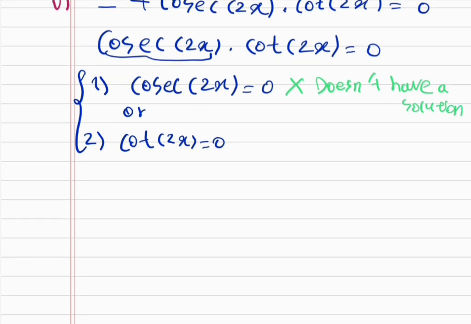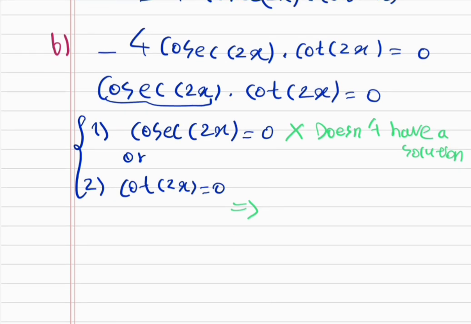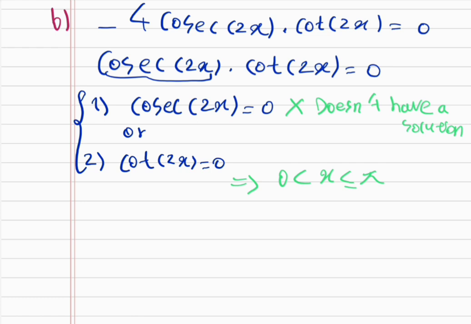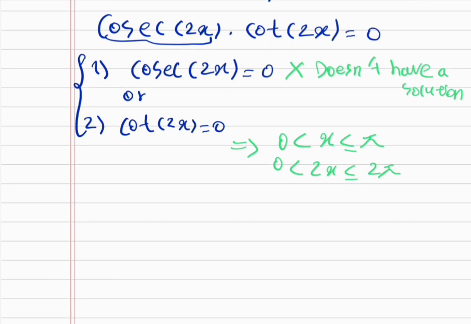But for the second equation, it gets interesting, because this actually has solutions. Cot 2x is equal to 0, and if you solve that, remember that the values of x are between 0 and pi. So since it's 2x, we multiply each of these by 2, and we get 2x is less than or equal to 2 pi, and then the equation is cot 2x is equal to 0, and then you can say cot inverse of 0.